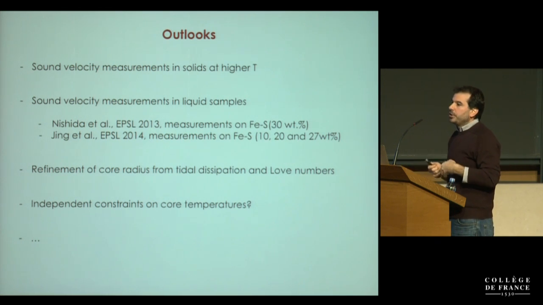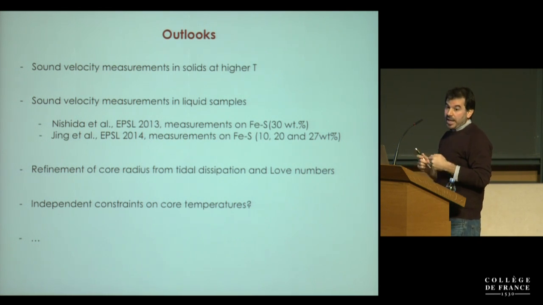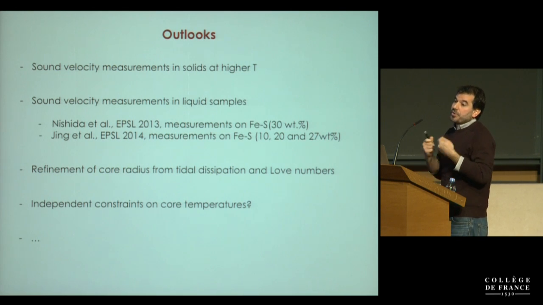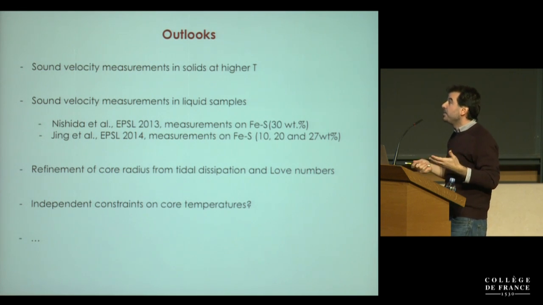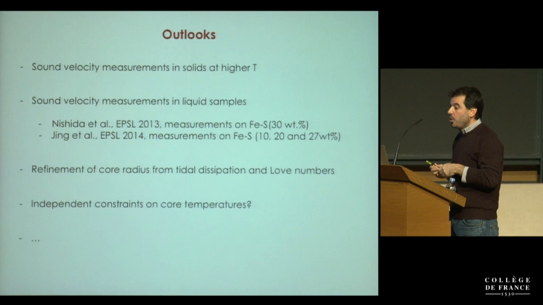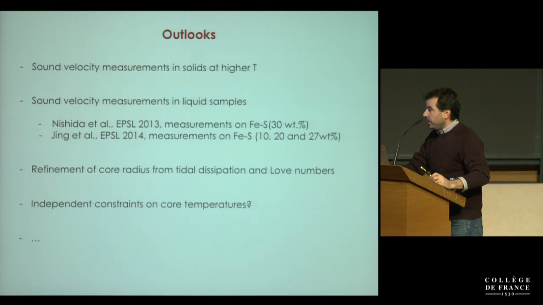Having a colder moon implies having a more silicon-rich outer core, but also a thinner outer core. So the two might compensate in terms of total sulfur content, but the physical properties might be affected by more or less sulfur content, more or less temperature. This is something where having independent constraints on core temperature might be quite good to plug into our modeling.